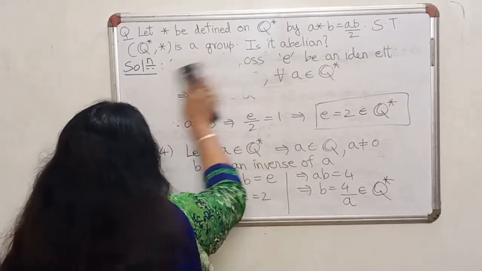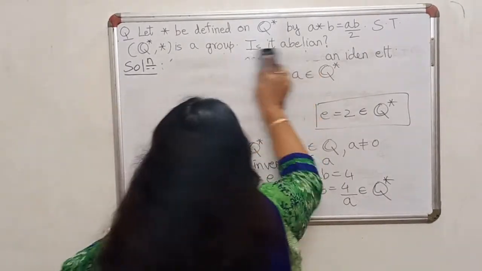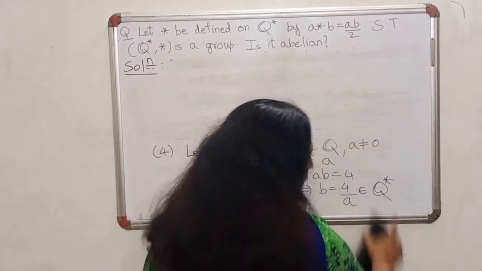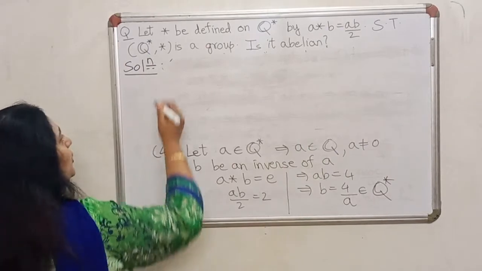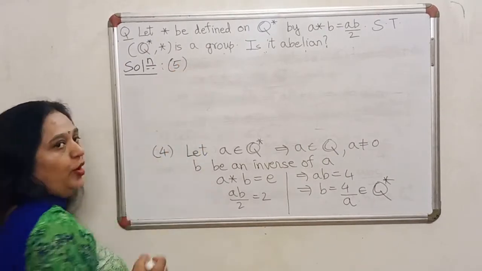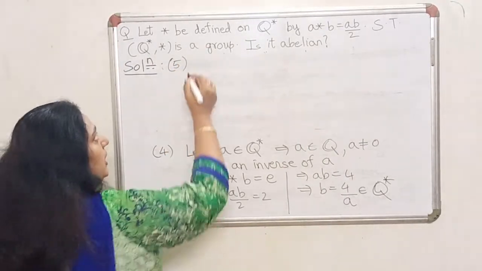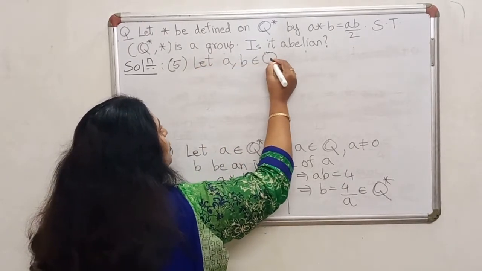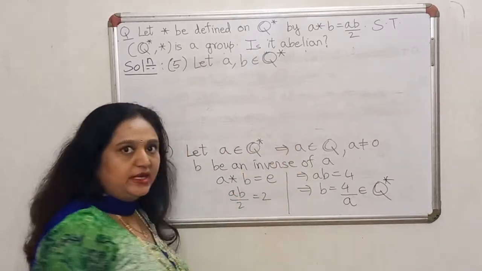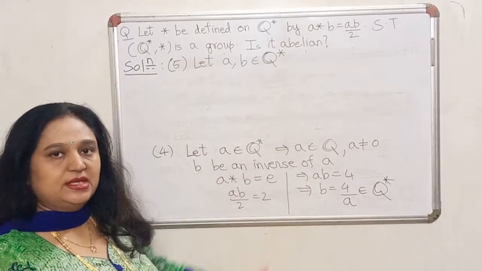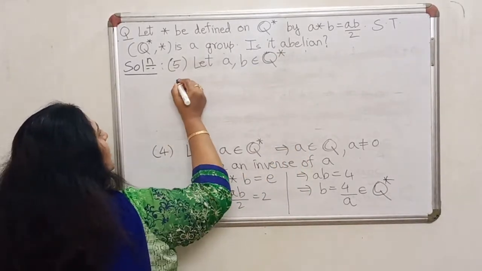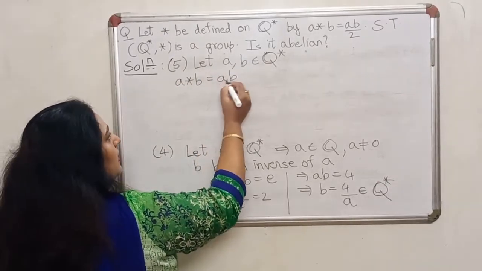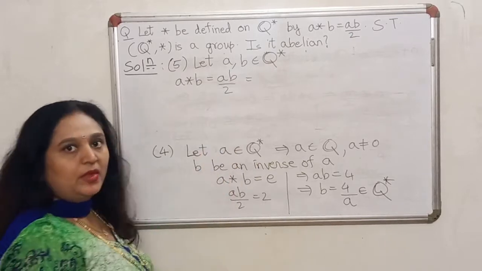And let's quickly come to the last property that we need to check. We need to show that this is an abelian group. Abelian group means the operation has to be commutative. And for the commutative property, we start with 2 arbitrary elements of the set, and we prove that A star B is the same as B star A. So let's start with A star B. Use the formula. It is AB upon 2.